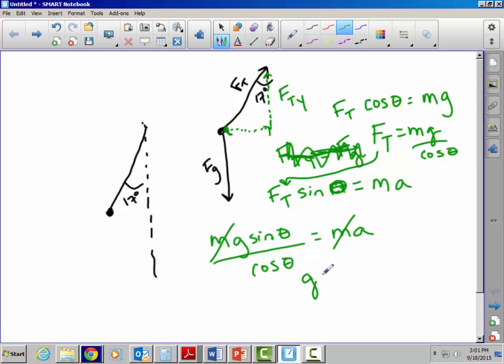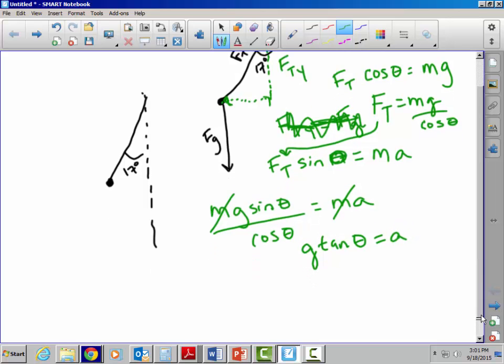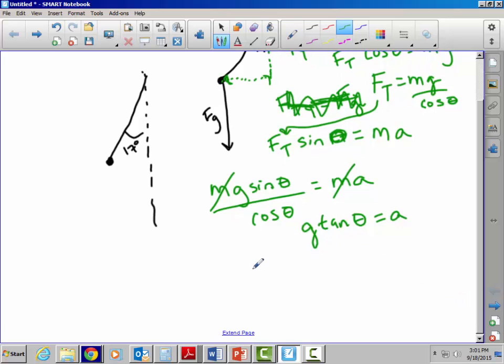And sine divided by cosine is tangent, so I have g tangent theta is equal to my acceleration. Now I know what g is because it's constant. I know what my theta is, because it's told me in the problem. So 10 times the tangent of 17 will give you your acceleration in this problem, which is 3.05.